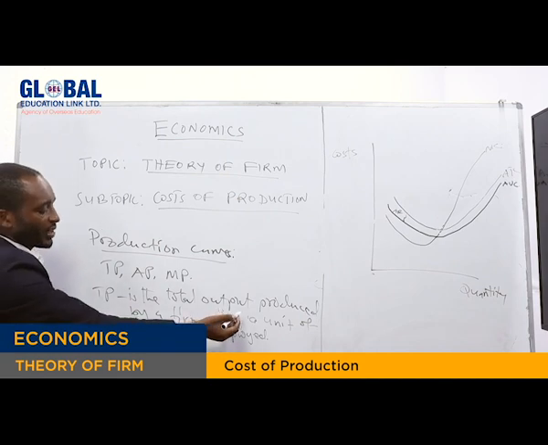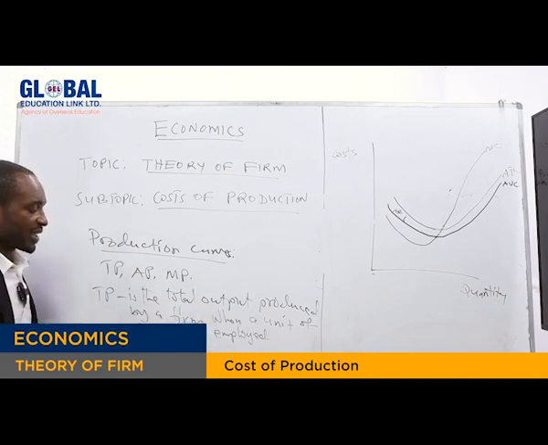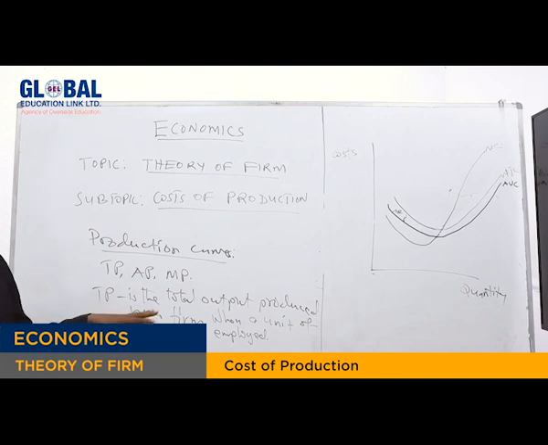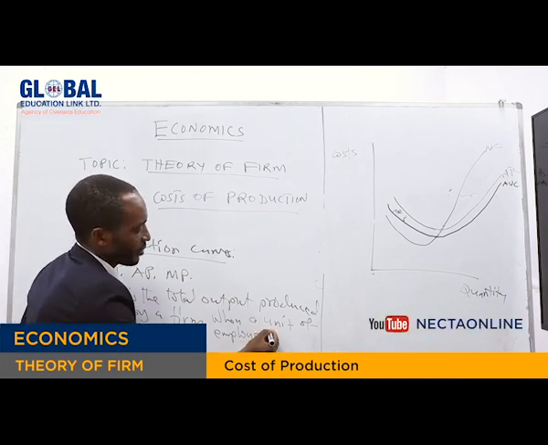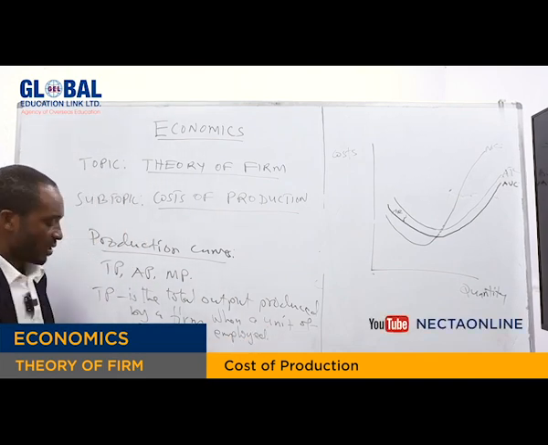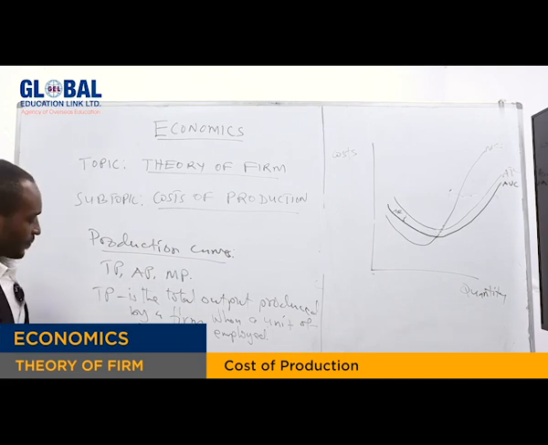So total product is the same as the total output that a firm produces when it uses a certain amount of input. Also, we have average product.